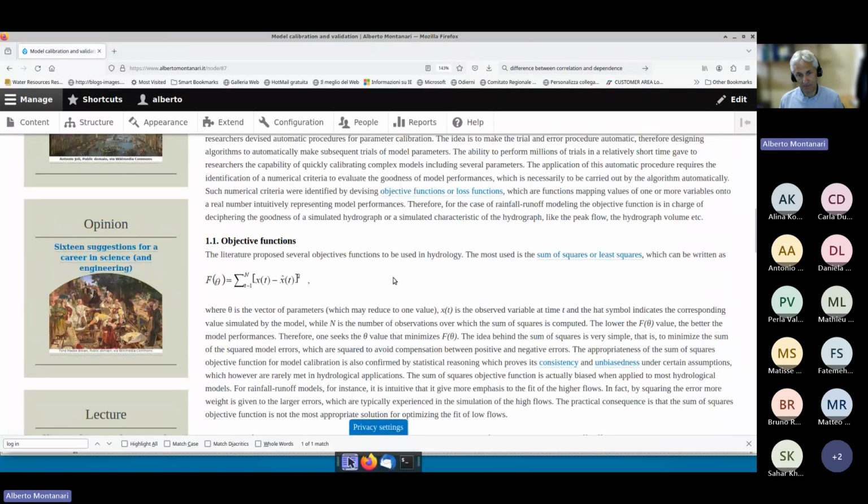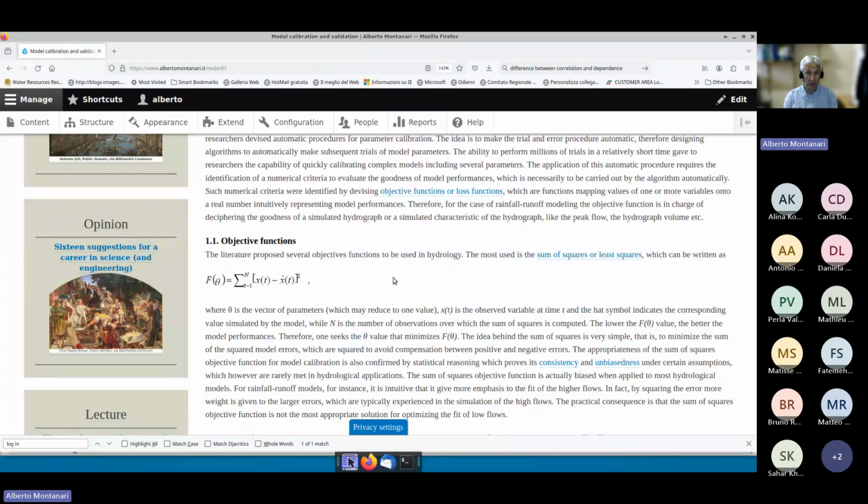We also discussed the advantages and limitations. Remember, we are talking about optimizing, parameterizing, calibrating a model. And in this specific case, it's a rainfall runoff model, but this can be applied to any type of model of a system that you may use.